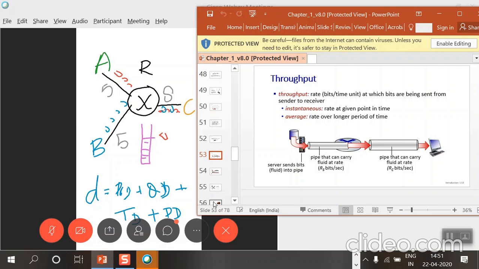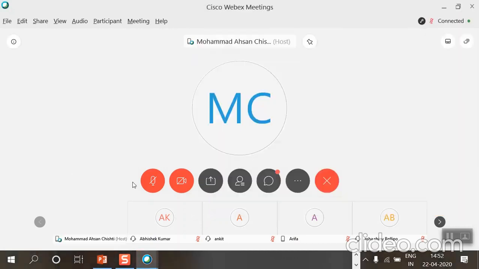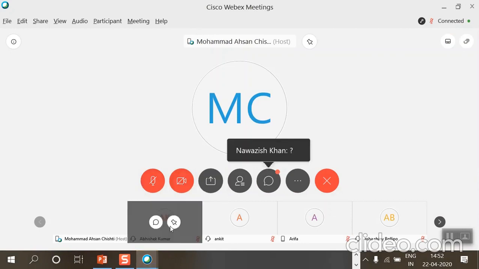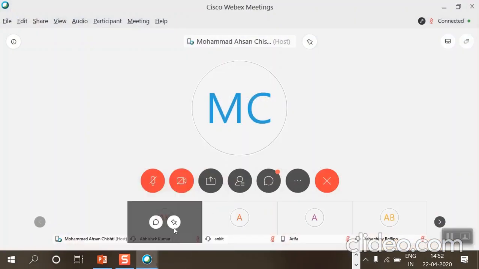There are two types of throughput that we come across. One is the instantaneous throughput, another is the average throughput.